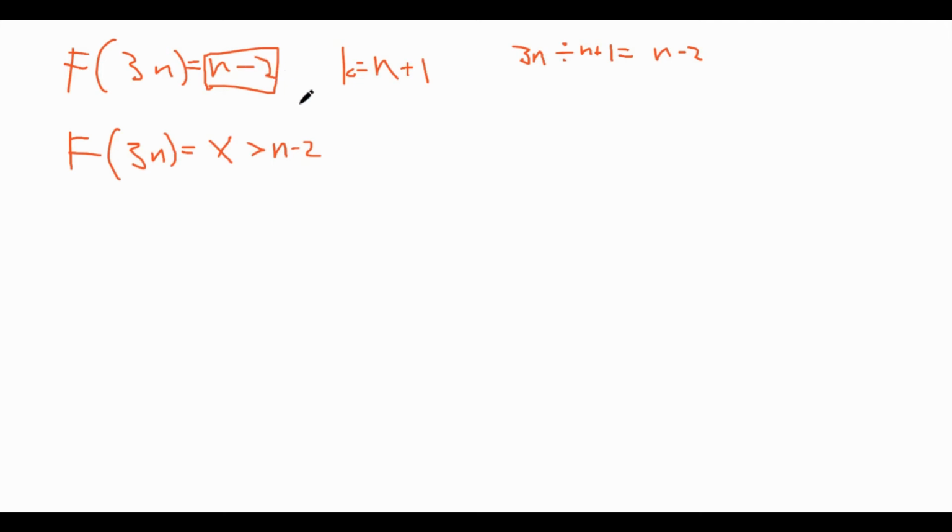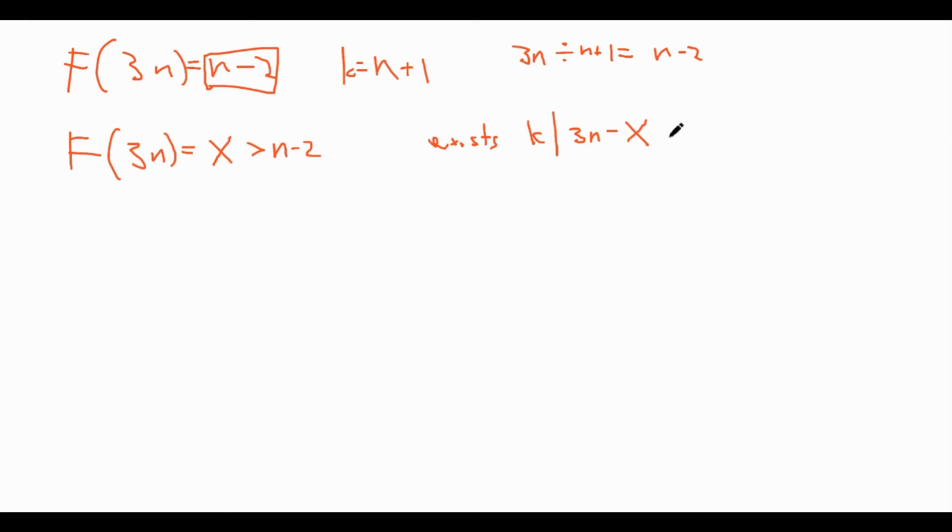So now, let's suppose that there exists another remainder, call it x, such that it's greater than n minus 2. So what does that mean? That means that there exists a k such that it divides 3n minus that remainder x.